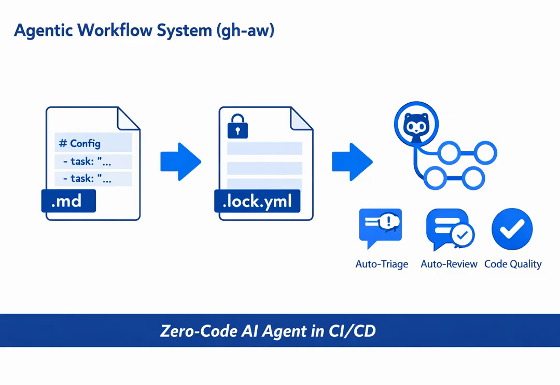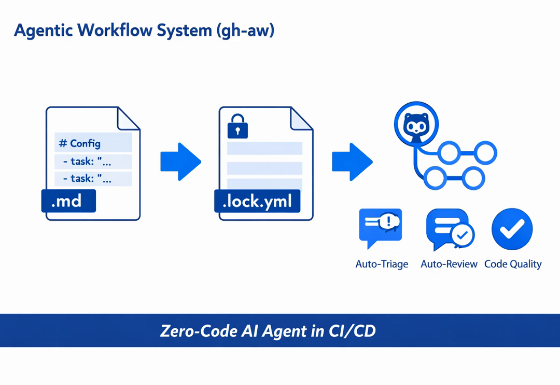Next, let me introduce an exciting feature, the Agentic Workflow System, or GHA for short. It allows you to write AI-driven GitHub actions using Markdown. The core concept is elegantly simple. Markdown is the workflow. You just create .md files in the .github/workflows directory to define AI agent behavior.